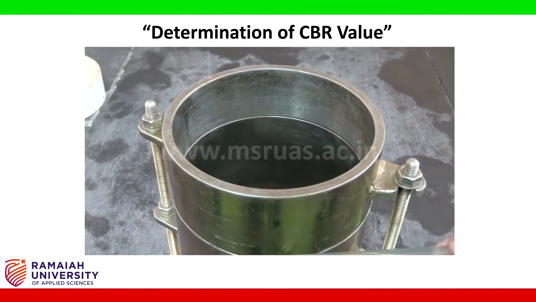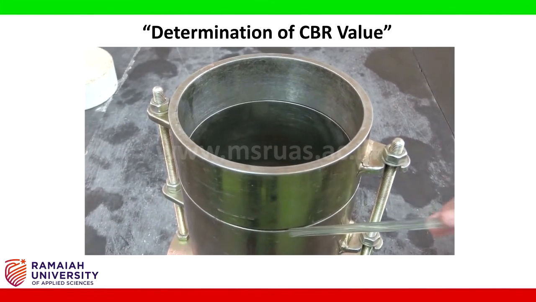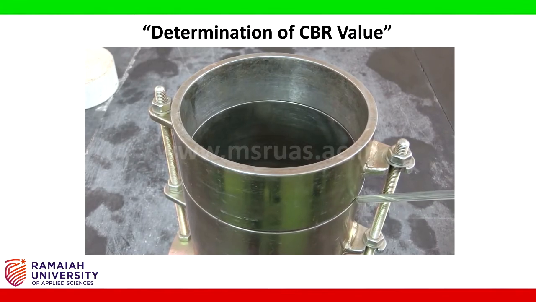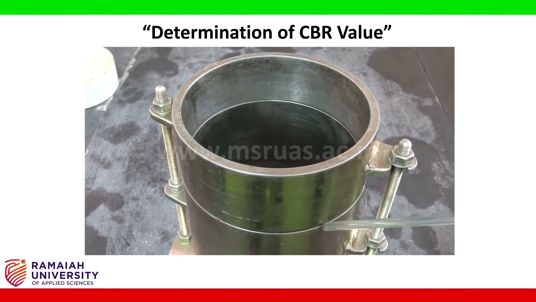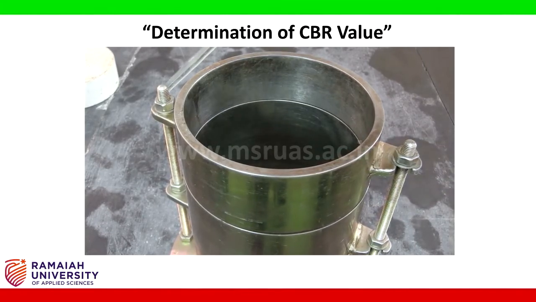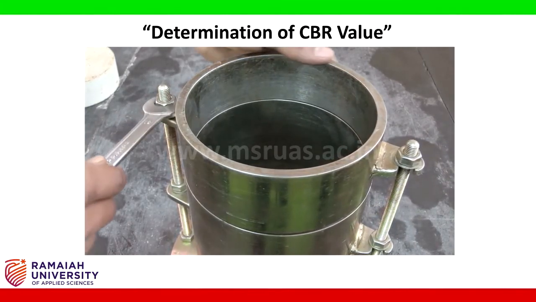Even here, we need to be careful that the collar sits exactly on the groove that is provided on the mold. The moment it is confirmed that it has sat properly, we need to tighten the bolts to fix the collar firmly on the mold.